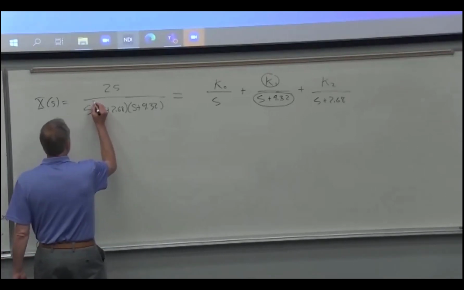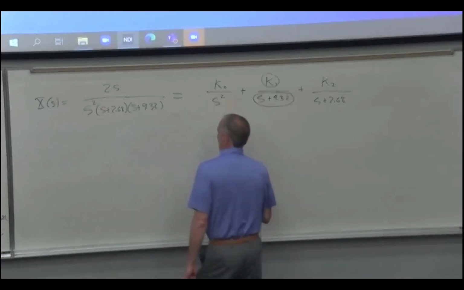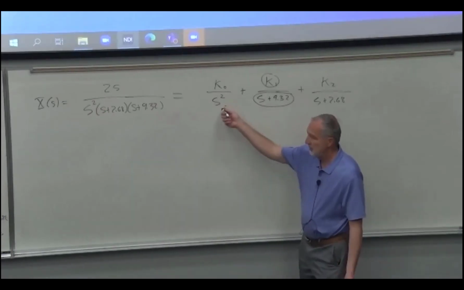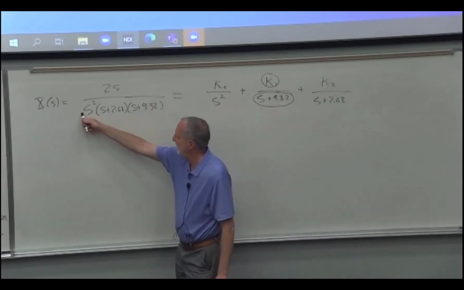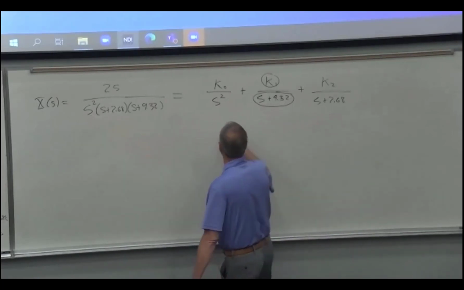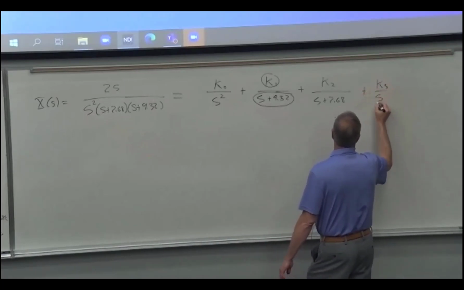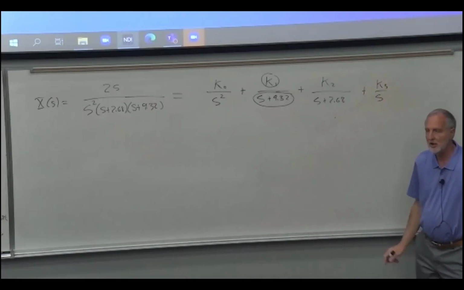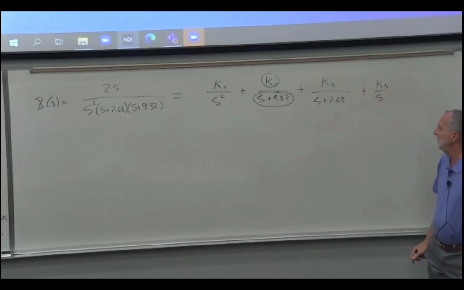An issue comes up if, let's say we have s squared there, because we have to put an s squared here. But because there's actually 2 roots associated with that, there's s times s, it turns out to get the common denominator thing right, we've actually got to have one of these like as well. We've got to have all of the lower powers of whatever's there when you do the partial fraction expansion.